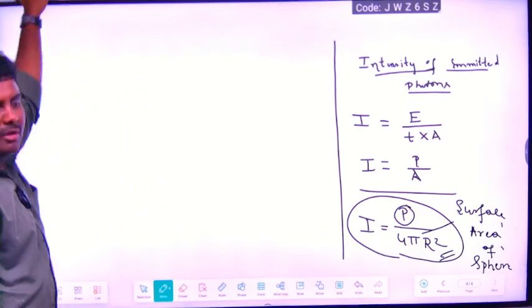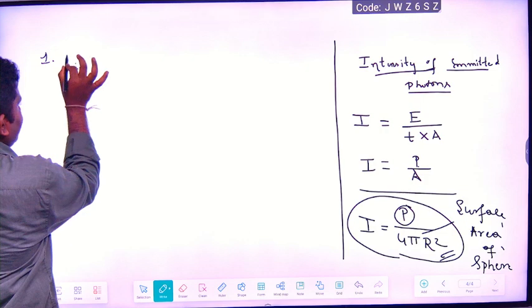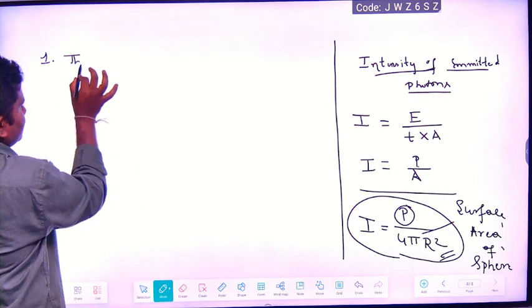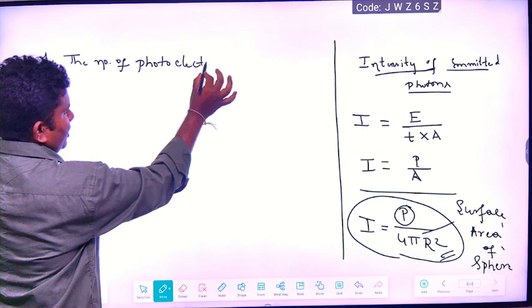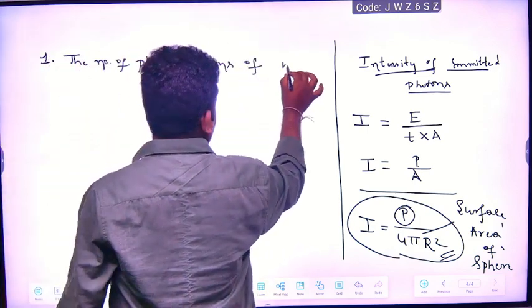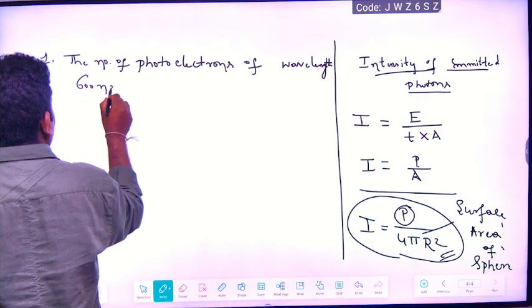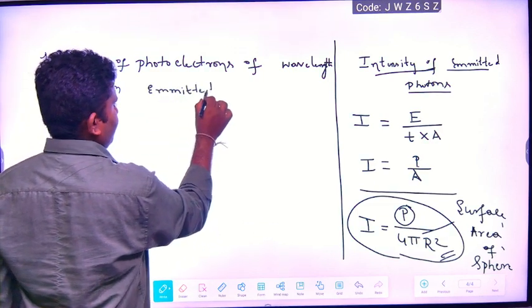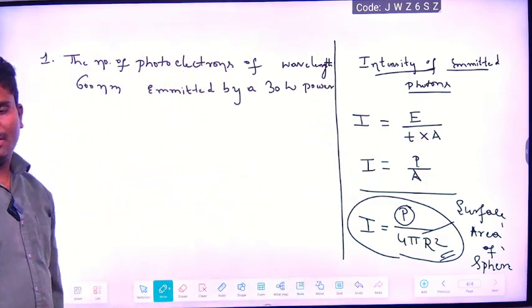Write the question. The number of photoelectrons of wavelength 600 nanometers emitted by a 30 watt power bulb.